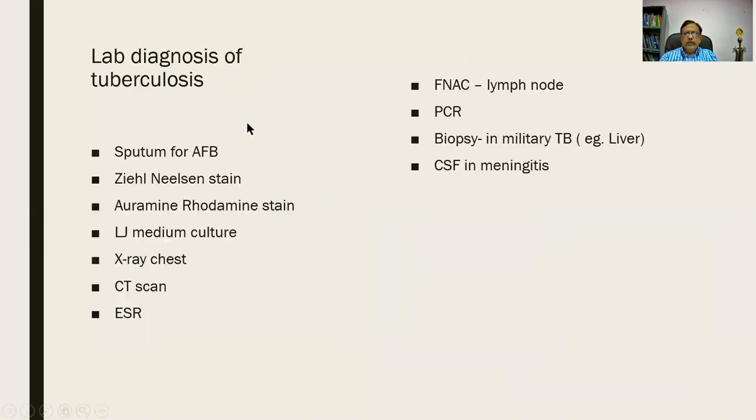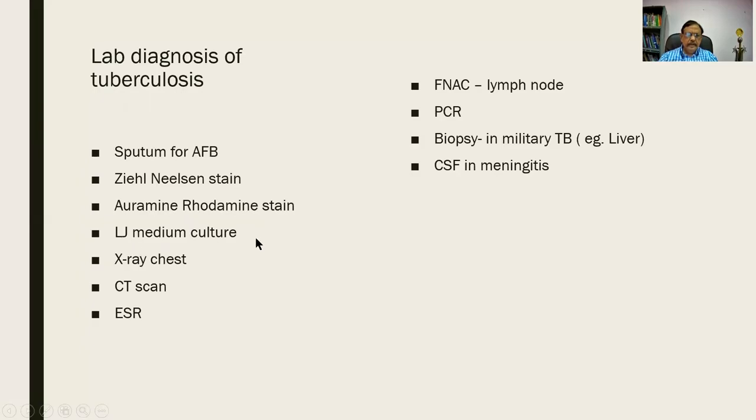What are the lab diagnoses of tuberculosis? Lab diagnosis of tuberculosis, this is common to primary as well as secondary tuberculosis. So, a sputum for AFB, Ziehl-Neelsen, and then the auramine rhodamine stain can be there. These are the two stains which can be done for AFB.